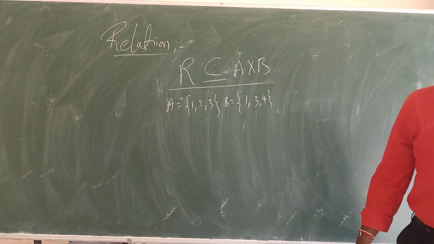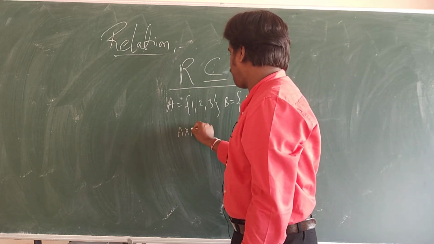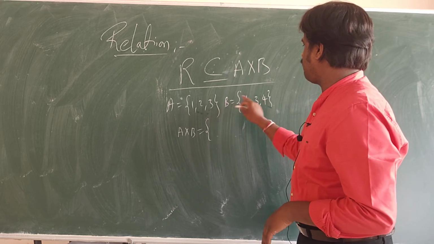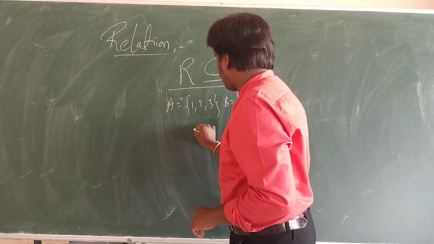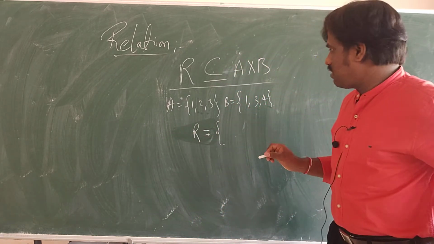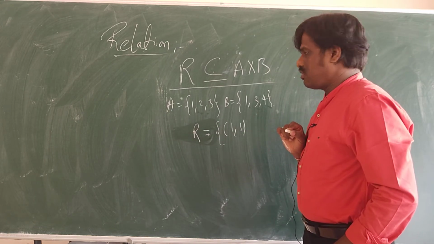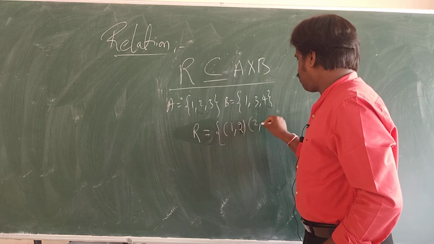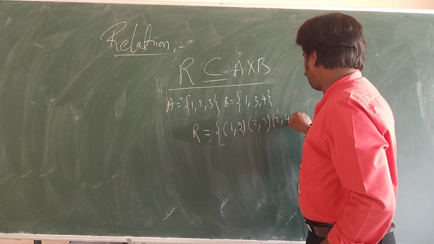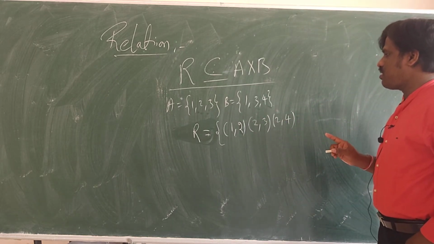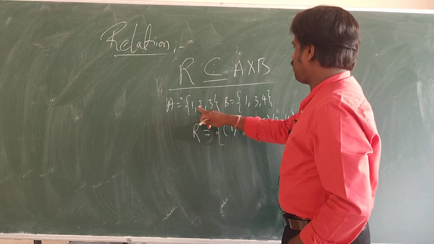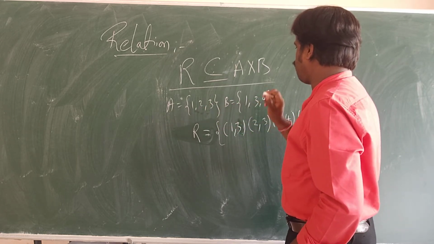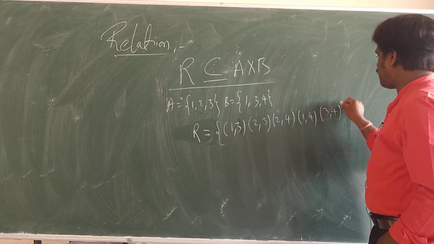If I say A cross B, you will get (1,1), (1,3), (1,4), (2,3), (2,4), (3,1), (3,3), (3,4). But I am going to take a subset like this: (1,3), (1,4), (2,3), (2,4), (3,4). Suppose I am taking this as a relation.